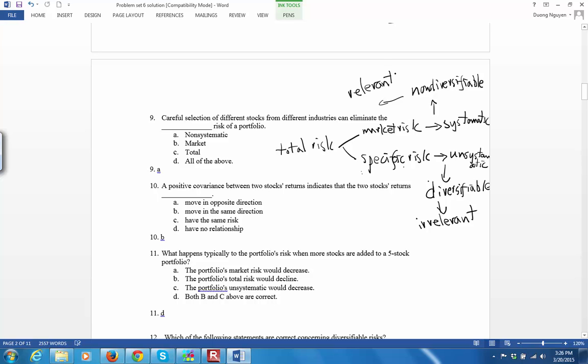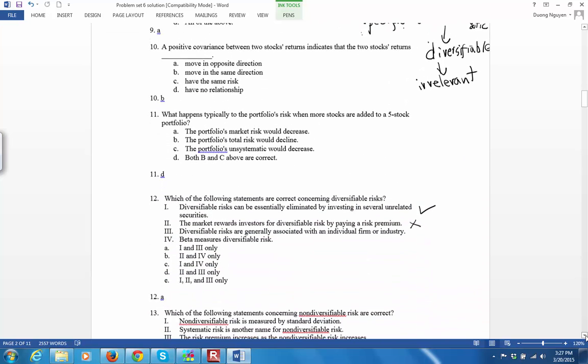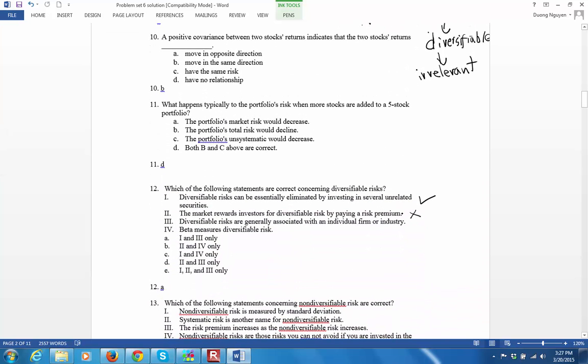And if it's relevant, you have to be compensated for that, which is a return. So the market will not reward investors for the diversifiable risk. The market rewards investors only for the market risk. So 2 is not correct.